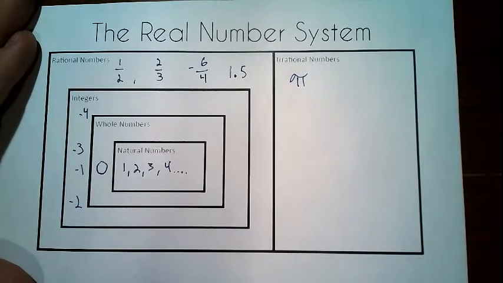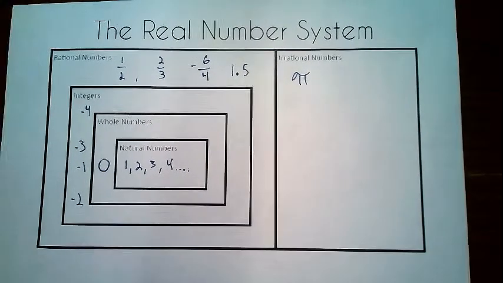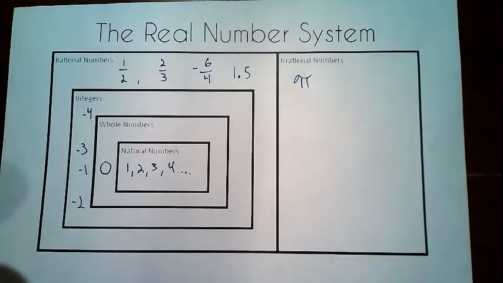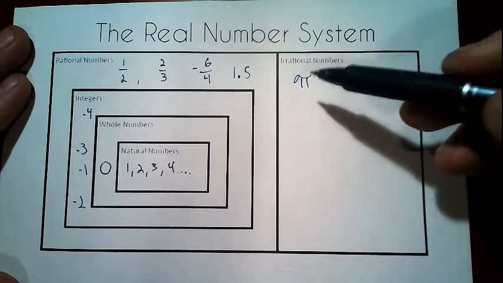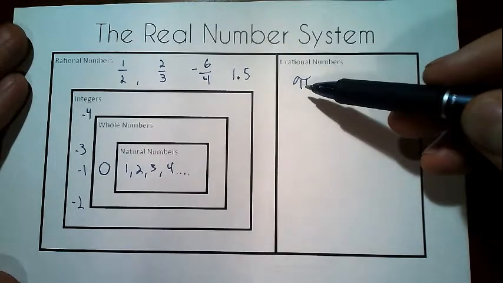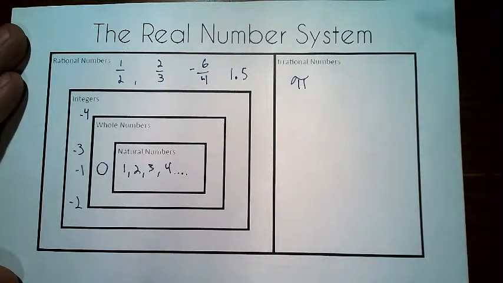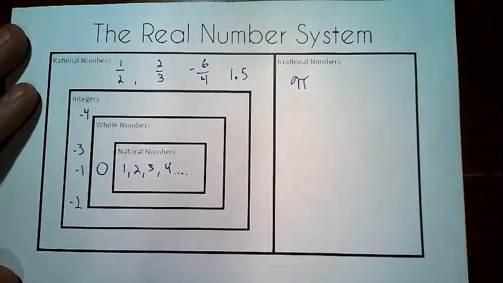There's no specific number for pi. Right? It's 3.14159 and it keeps going. But we don't have a specific number for it, so we represent it as a symbol, right? A variable, and it's called irrational because we can't represent it as a fraction.